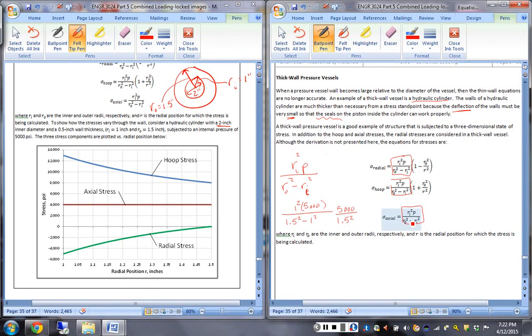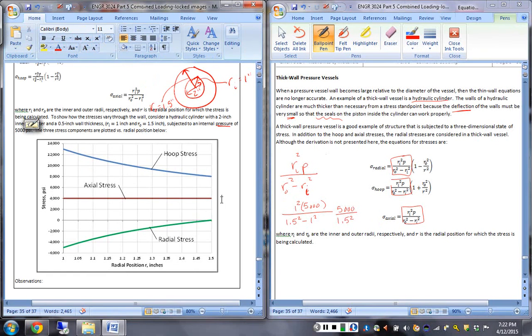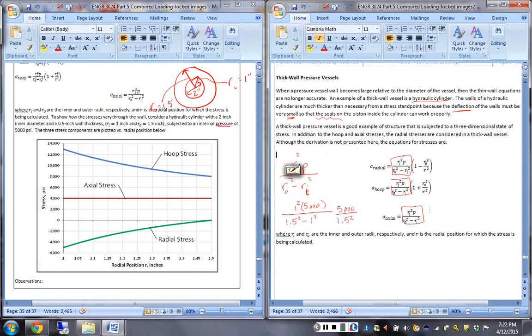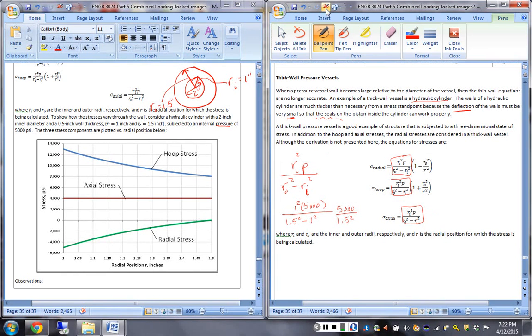and it is in fact the axial stress, which, as you'll see from the plot over here on this side, is a constant value. So this, our 1 squared times 5,000 over 1.5 squared minus 1 squared, is in fact 4,000 psi.